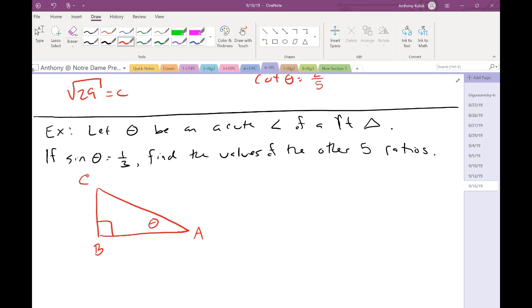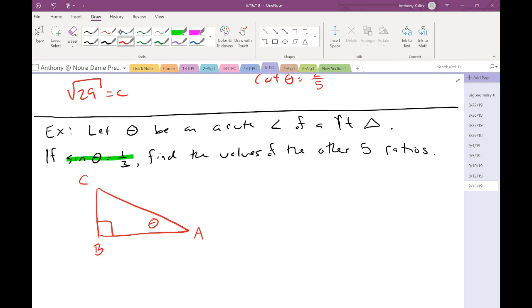So right now I have enough information to label 2 of them immediately. How do I have that information? I know that sine theta is 1/3, and I know that sine is opposite over hypotenuse.